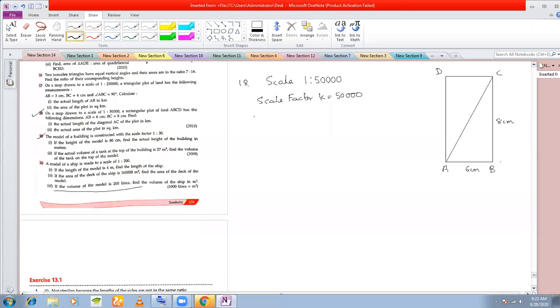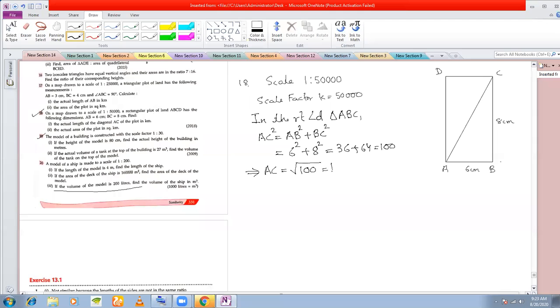In the right angle triangle ABC, AC square is equal to AB square plus BC square, which is 6 square plus 8 square, which is 36 plus 64, 100. That means AC is 10 centimeters. So you have found the length of the diagonal in the map to be 10 centimeters.